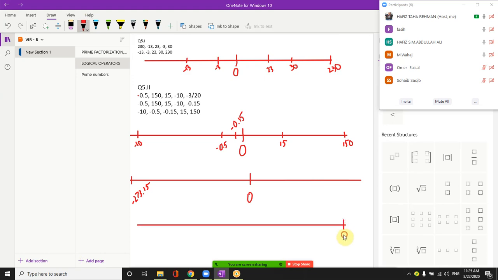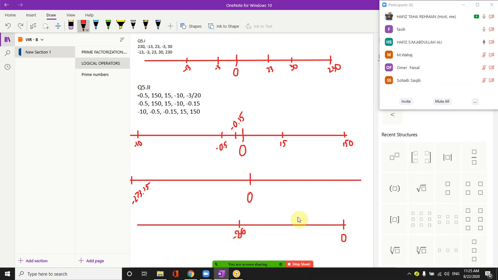It means we do not have any positive value. Negative number line means we do not need to place any positive value. Positive number line means we do not need to place any negative value. And minus 86 should be like here. Got it?